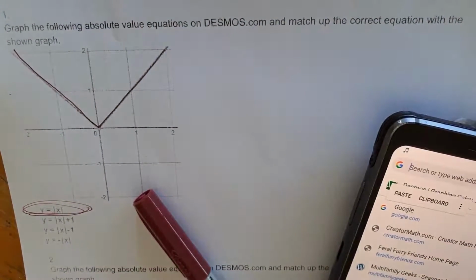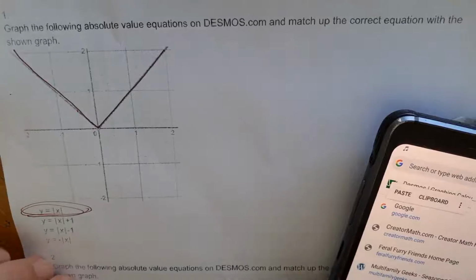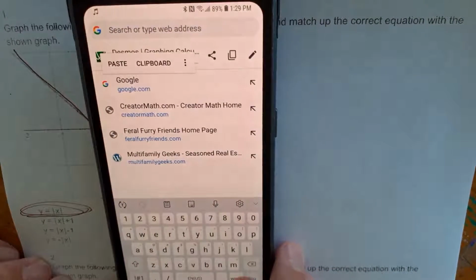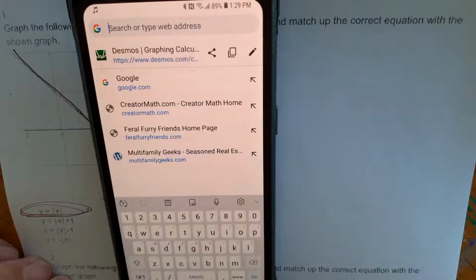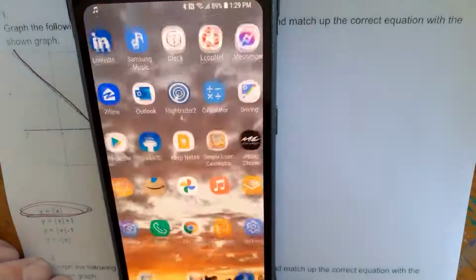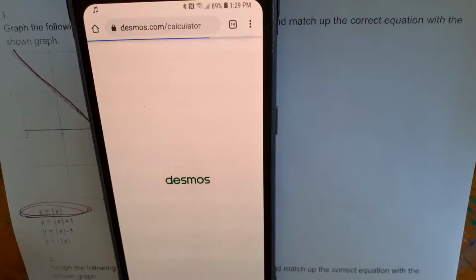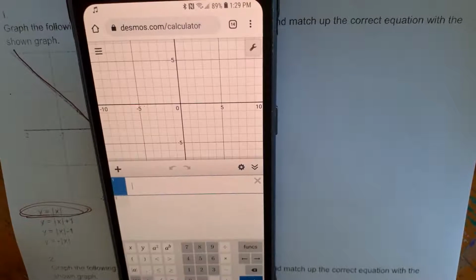There, how about that? There we go. All right, that might be it. So let's go back here. Let's go back to Desmos. Oh, okay. Crashing on us. Everything always happens at one time.